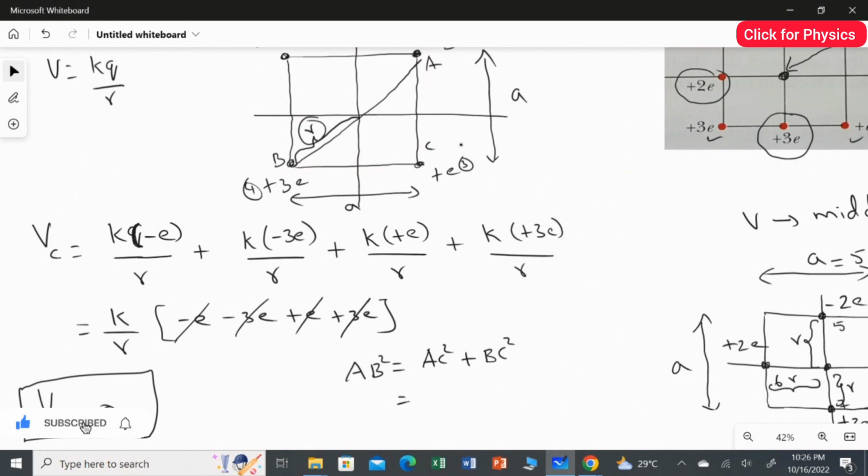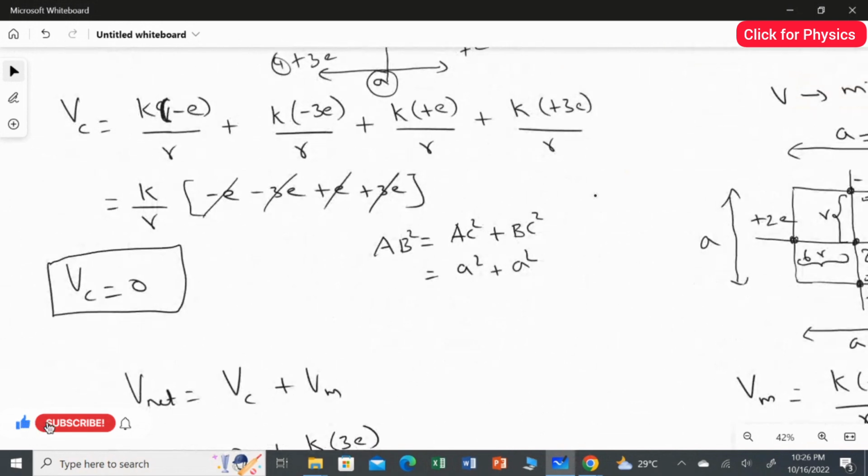Now what will happen? What is the value of AC? Which is A. A square plus BC, again another A, so A square. The value of AB is nothing but the diagonal. Therefore, AB square is equal to 2A square. Therefore, AB is equal to A root 2. And this AB is the diagonal.